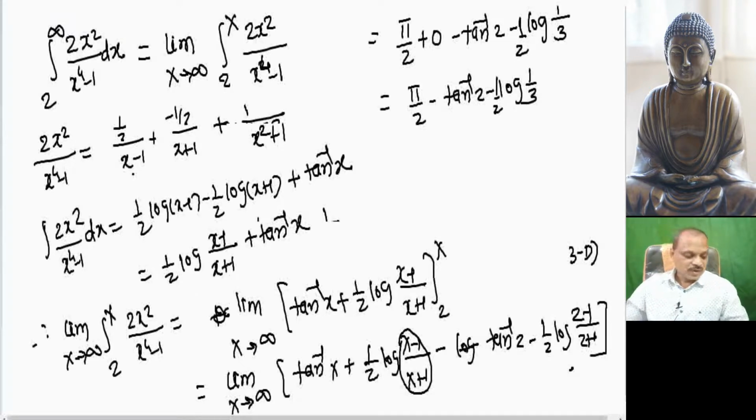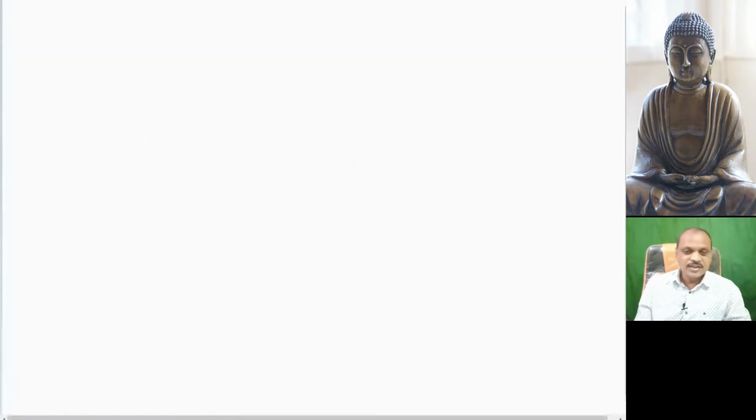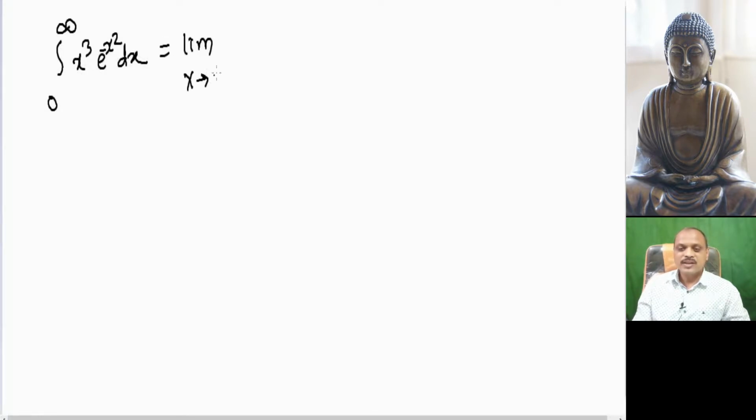Now let us evaluate the integration of x cube into e raised to minus x square into dx between the limits 0 to infinity. Again, limit capital X tends to infinity, 0 to capital X, x cube into e raised to minus x square into dx.